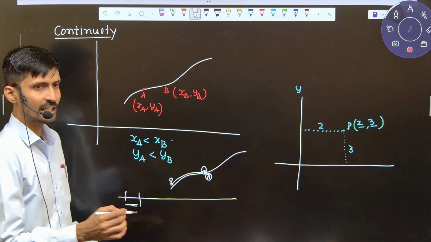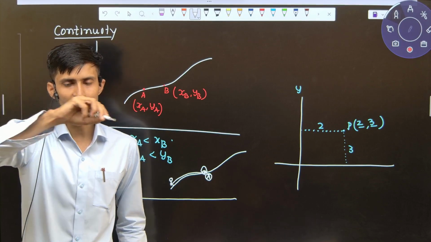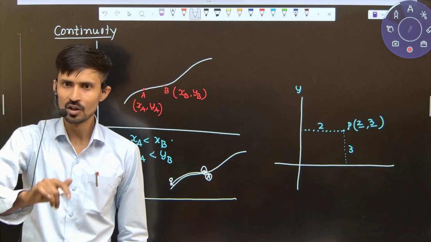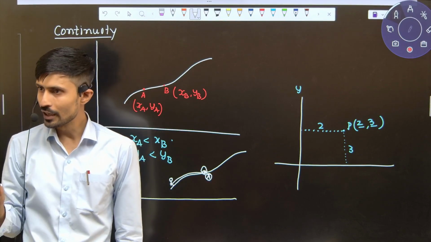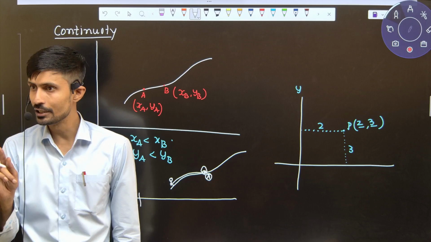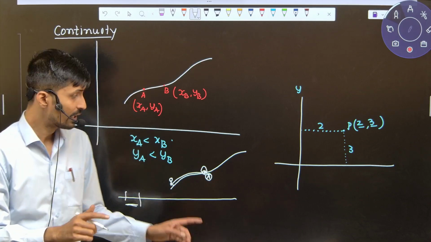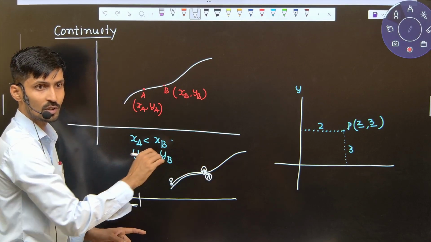Like sin x has a graph or not? Quadratic has a graph or not? Cos x, tan x, y equals x all have graphs. So we are going to learn continuity of any function. Continuity means we have to find whether a function is continuous or not at a given point.